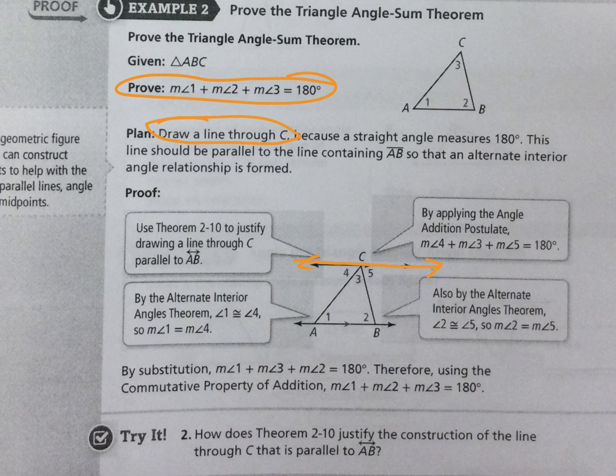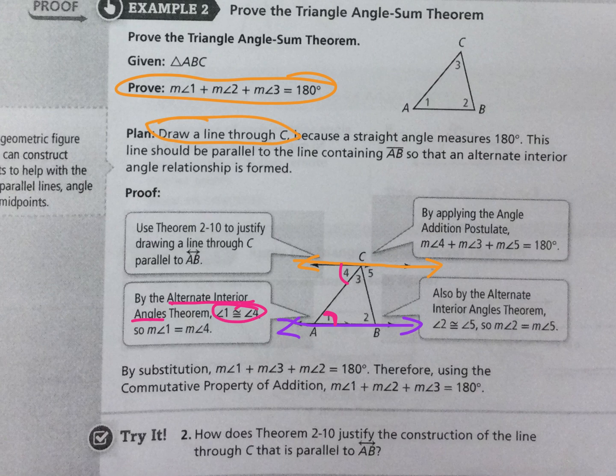And that line is going to be parallel to this line. And if it's parallel to this line, then we know that angle 1 is congruent to angle 4 because of alternate interior angles. Okay?